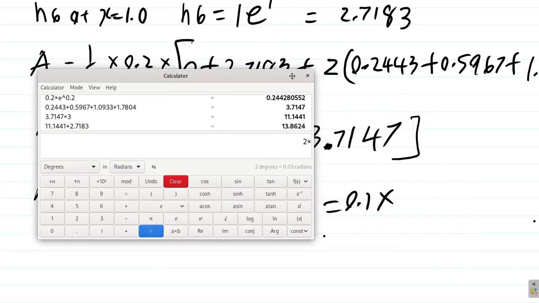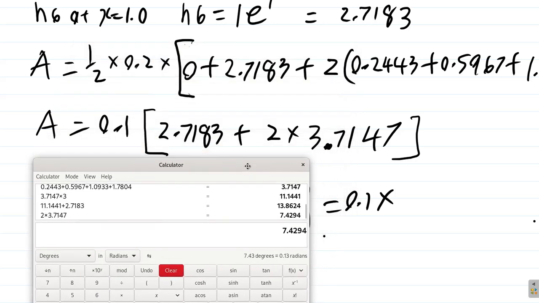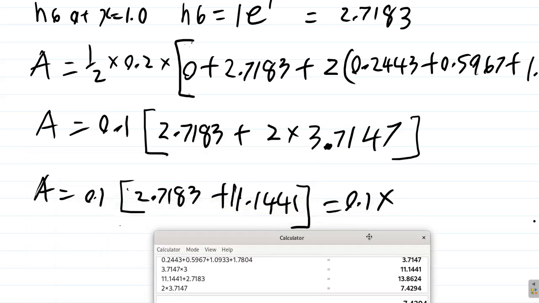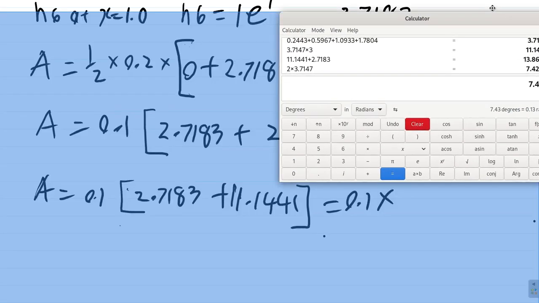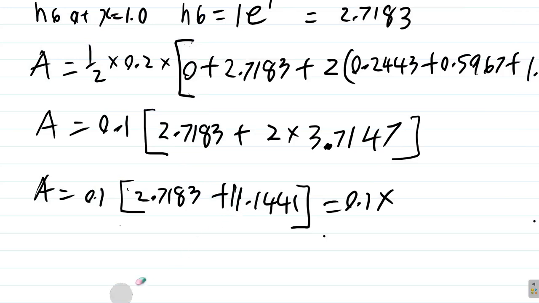It's 2 times 3.7147 equal. It's 7.4294 it should be. So this should be 7.4294.